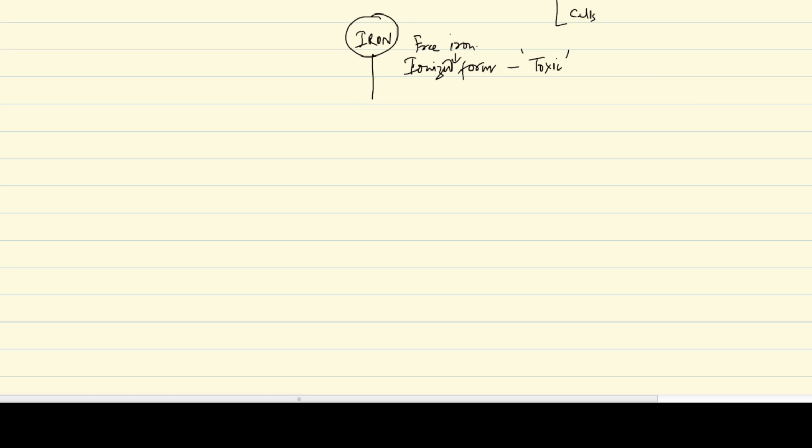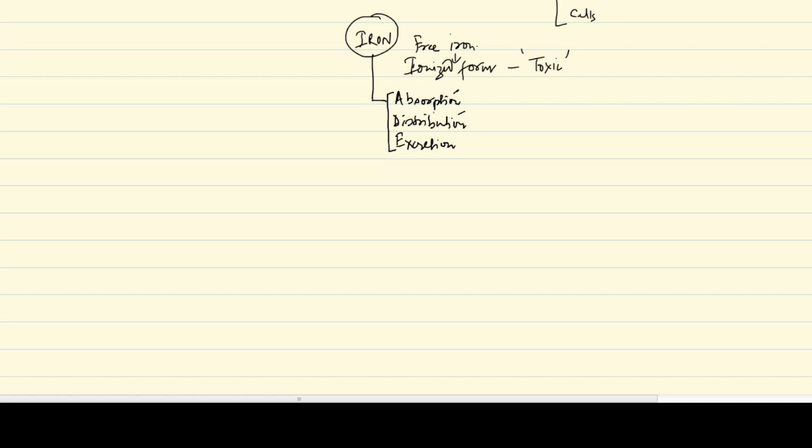So the body has got strategies to prevent free iron from moving around the body. It has special mechanisms for absorption, for distribution, and excretion.